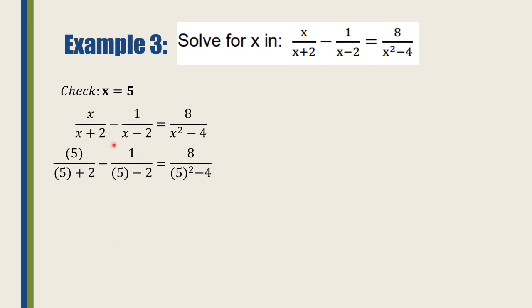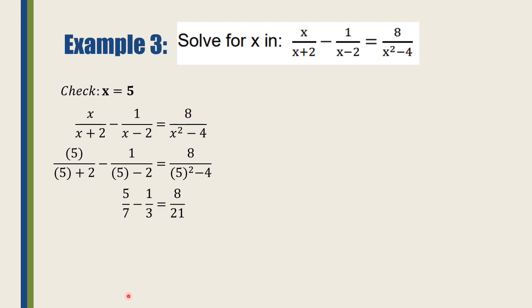So x over x plus 2, so x here becomes 5 and the denominator x plus 2, so we have 5 plus 2, minus 1 over, so x becomes 5, so 5 minus 2, is equal to 8 over, so x squared, that is 5 squared minus 4.